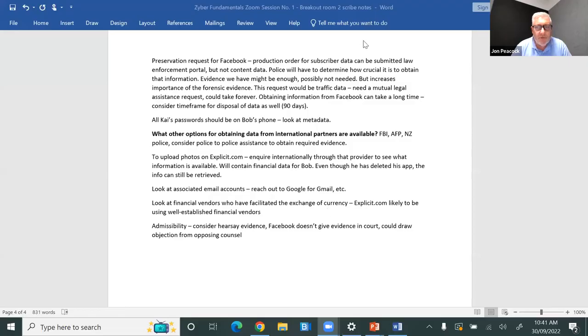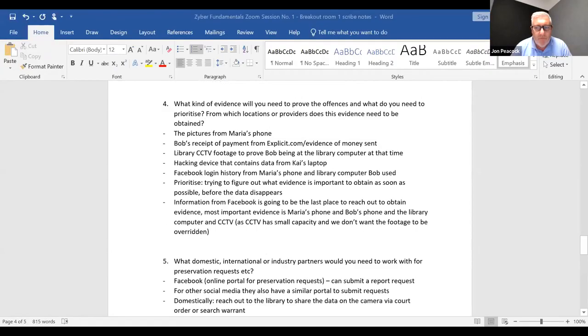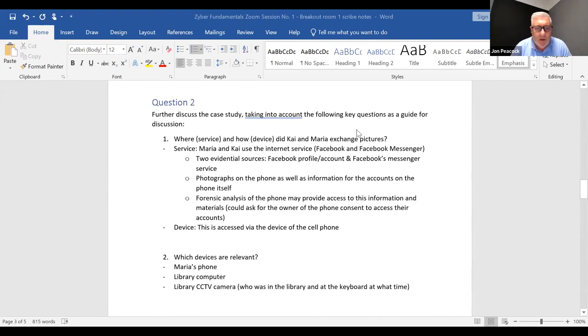Welcome back, everybody. I hope, again, from the short time that I spent in both of those groups, there was healthy discussion going on, and it would be great if we could call on someone from Group 1 to give us a bit of insight into the conversation that they've had. We've got Mariana's record keeping up on the screen right now.